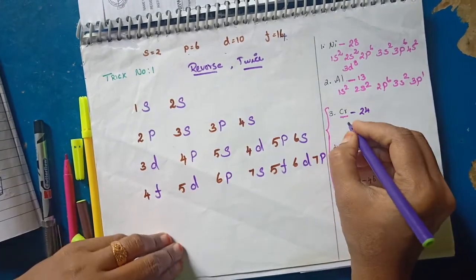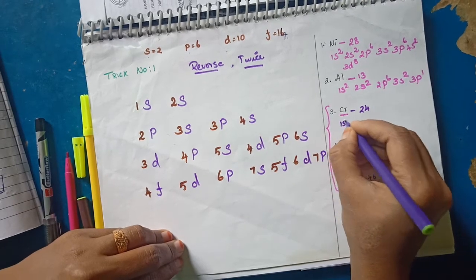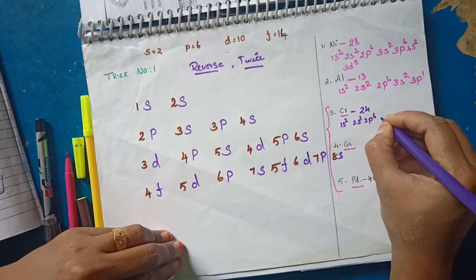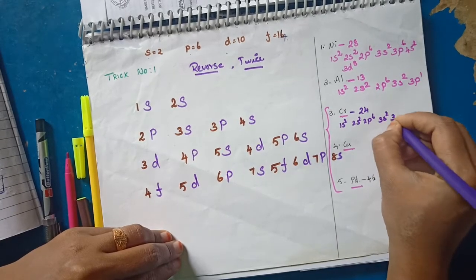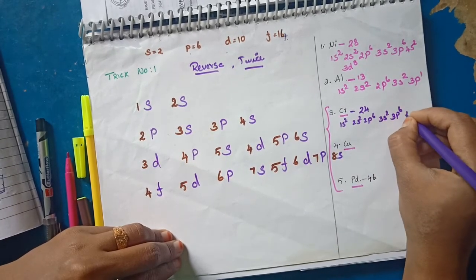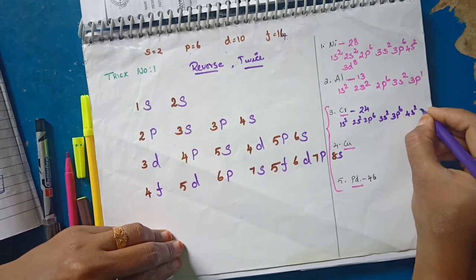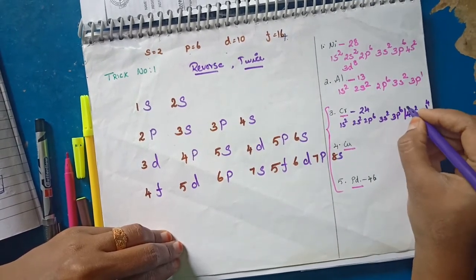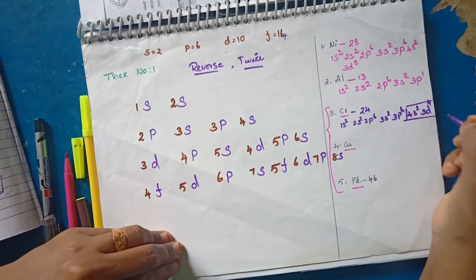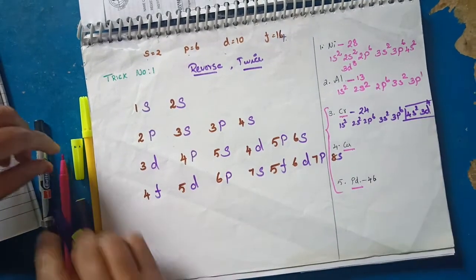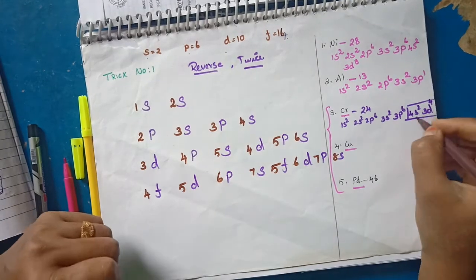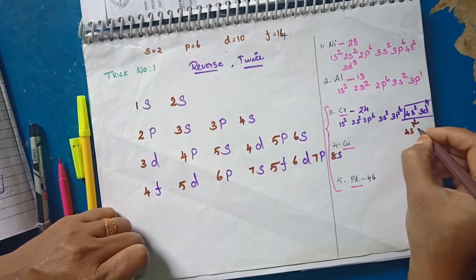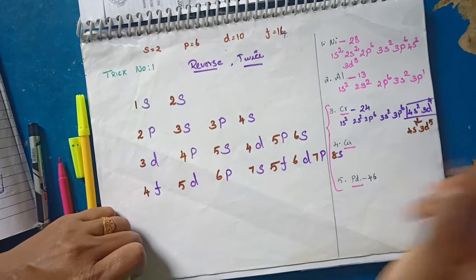So while writing: 1s2, 2s2, 2p6, 3s2, 3p6, 4s2. So 20 is over, remaining 4 is there. According to the Aufbau principle, it has to come as 4s2, 3d4. But instead of this, the electronic configuration will change as 4s1, 3d5.